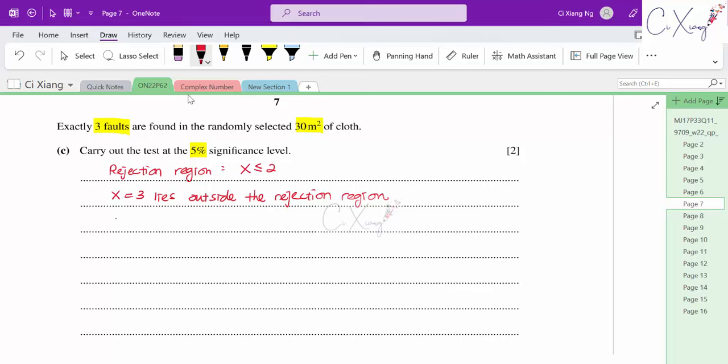Alright, so therefore from here we can make a conclusion that when x equals to 3 is outside the rejection region, it means that it is in the acceptance region. So our decision will be to not reject the null hypothesis.